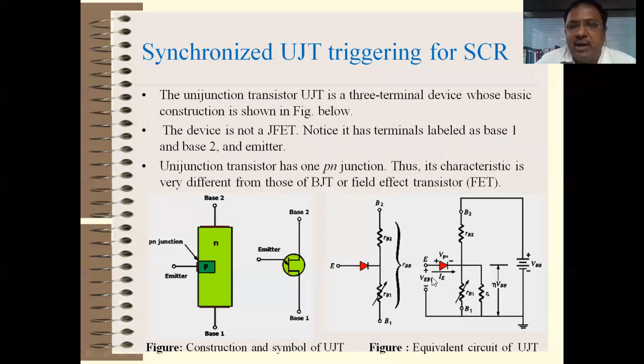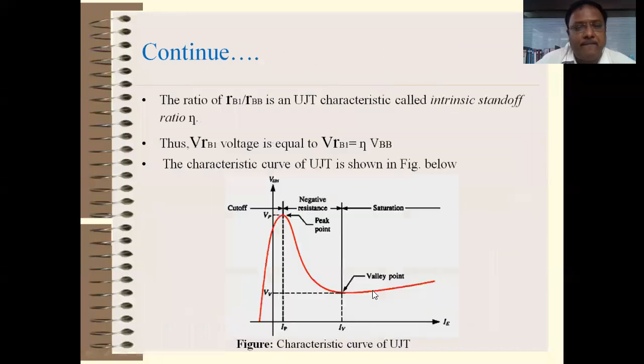If you see the diagram, that is the synchronized UJT triggering circuit. So emitter current increases, then the PN junction diode breaks and a large current flows through the emitter towards the base, so the resistance between the emitter and base, called RB1, decreases, right? So this is the characteristic of UJT.